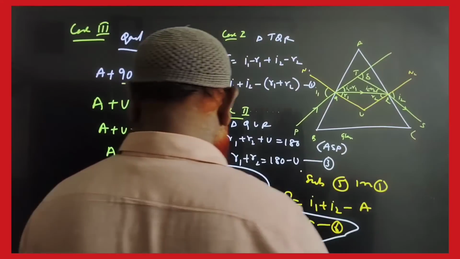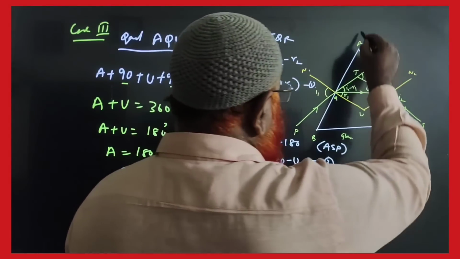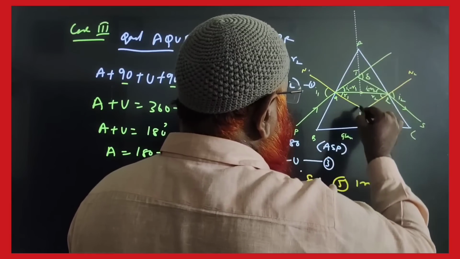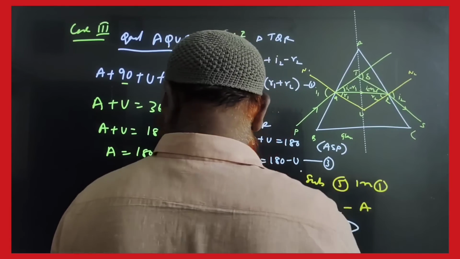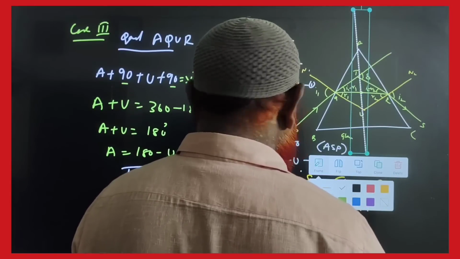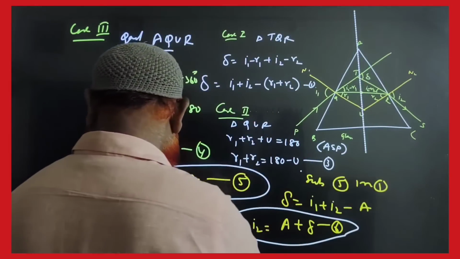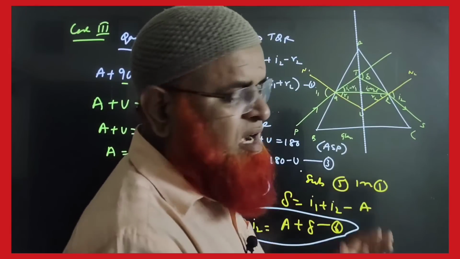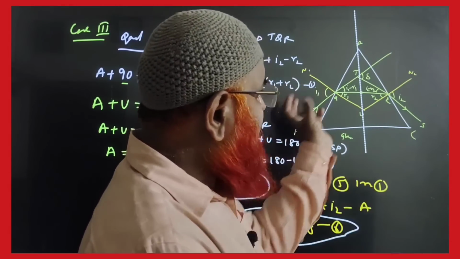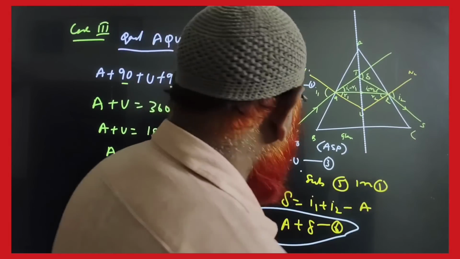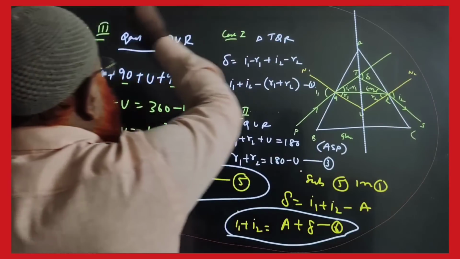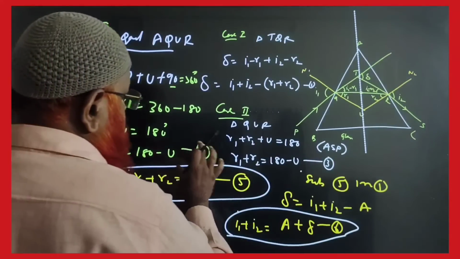Means, if you draw a line exactly in the middle like this, symmetry comes. Symmetry means the angles on this side and the angles on that side will be the same. So what is going to happen when symmetry comes, let us discuss here.